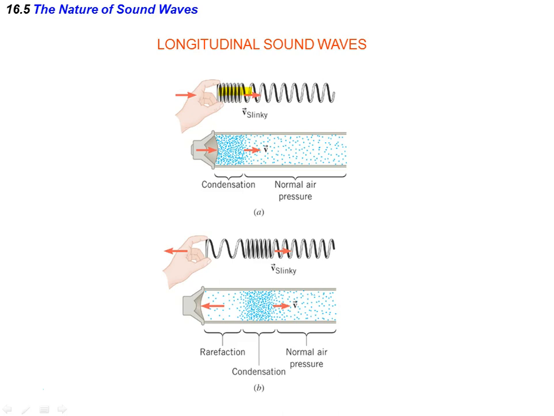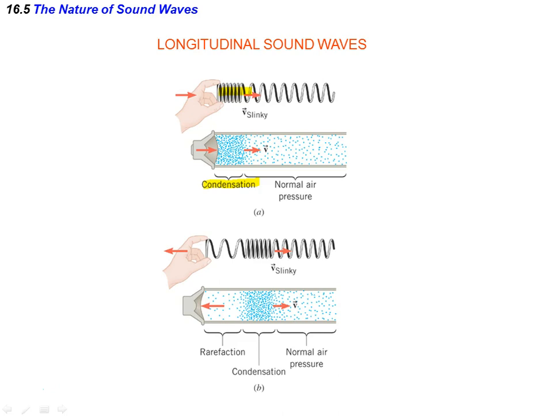Well, the sound wave acts the same way, except instead of having a compressed piece of metal that travels down a slinky, it is a compression or a condensation of air or some type of medium through which it propagates. In most cases, sound is traveling through air, so we'll think of the example here as condensing air.